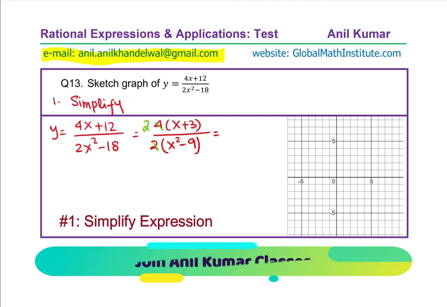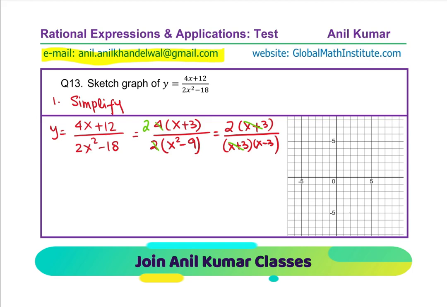We could write this as 2 times (x + 3), and the denominator being (x + 3) times (x minus 3). And again, we can now simplify by cancelling x plus 3. So you can see that I could write the given expression as 2 over (x minus 3).